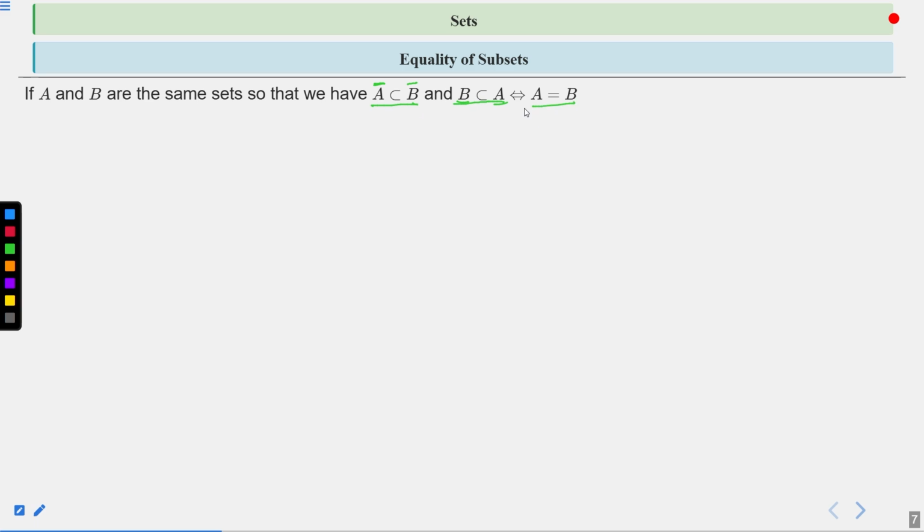If you recall the set equality definition, both sets must have exactly the same elements. And these two conditions enforce that these two sets must have exactly the same elements.